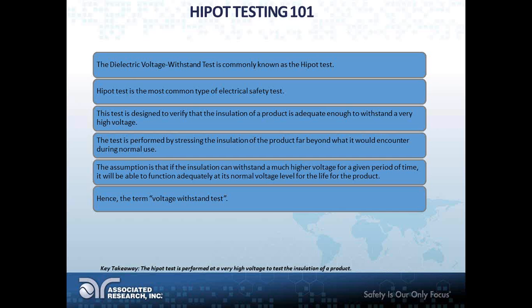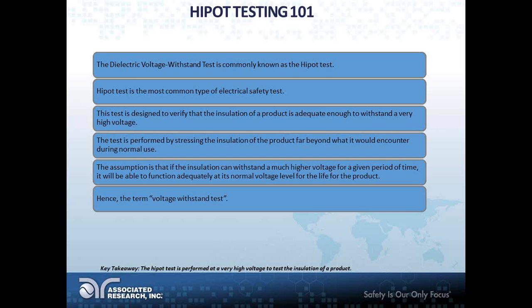And this test is by far the most common type of electrical safety test performed by electronic product manufacturers. This test is basically designed to verify that the insulation of a product is adequate enough to withstand a very high voltage. This test is performed by stressing the insulation of the product far beyond what it would encounter during normal use.